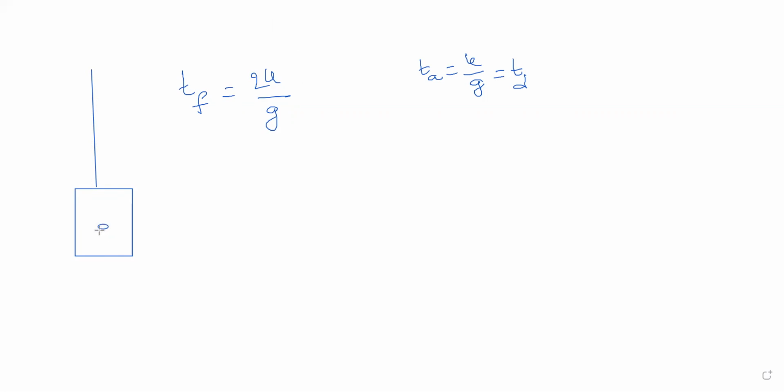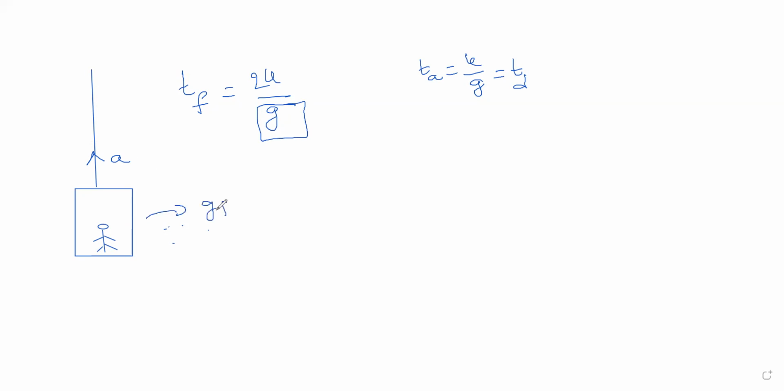So when the person is in the accelerating elevator, if the acceleration of the elevator is A, upwards, now this denominator becomes g plus a.